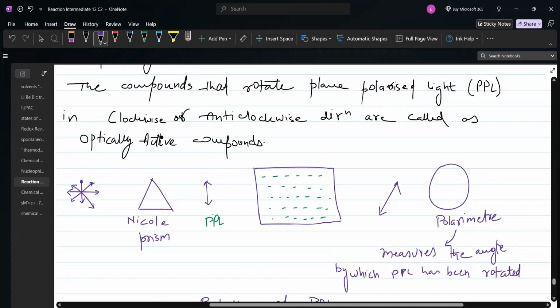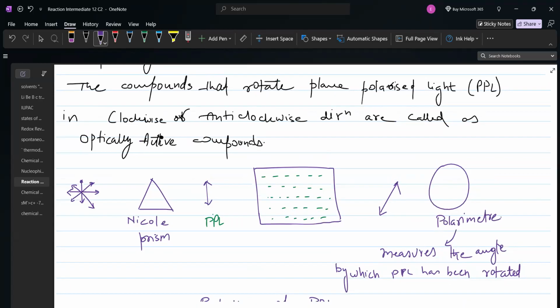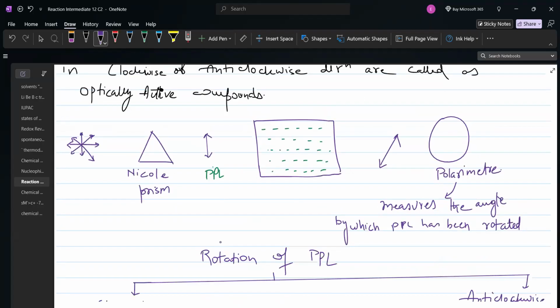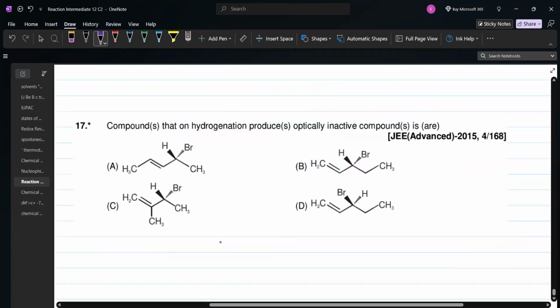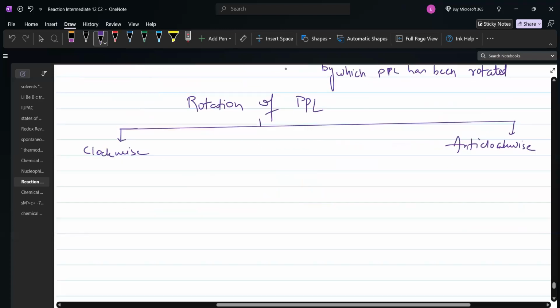Done? Yes, sir. The above part is important. Now I'm going to explain, and then let you know what it is. Rotation of PPL takes place in clockwise and anti-clockwise direction, obviously.